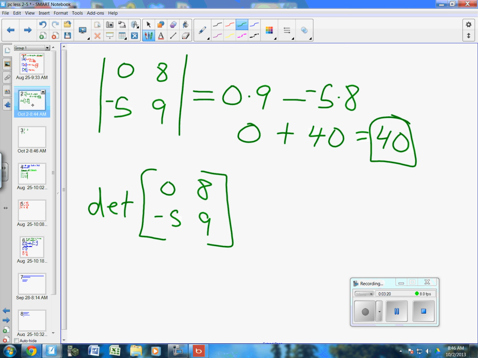You should know that vertical lines mean find the determinant. Or brackets with the word DET in front of it means find the determinant. Okay? Everybody got that? That's the symbol for finding the determinant.